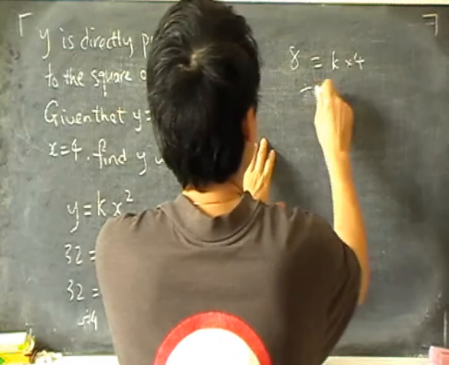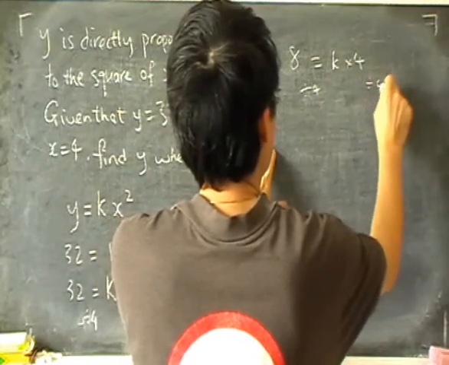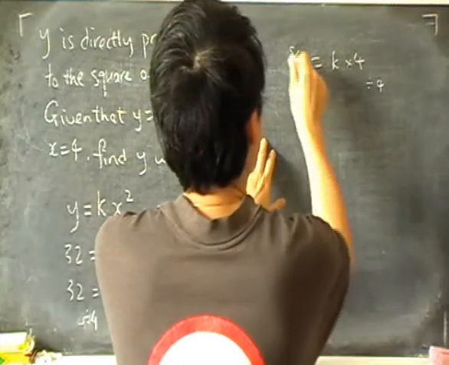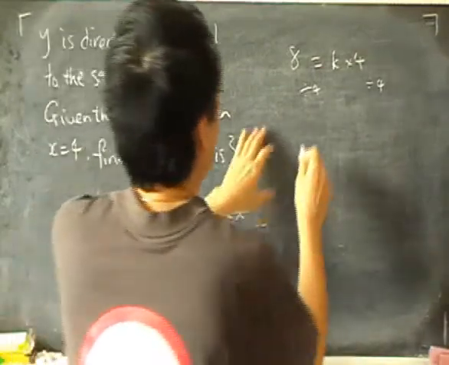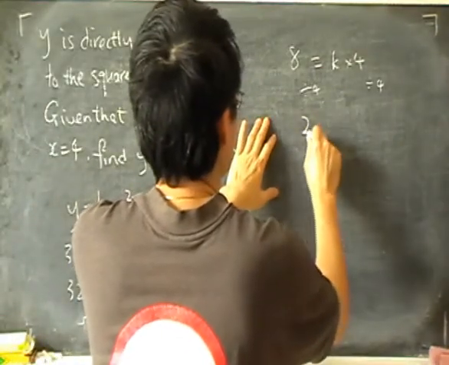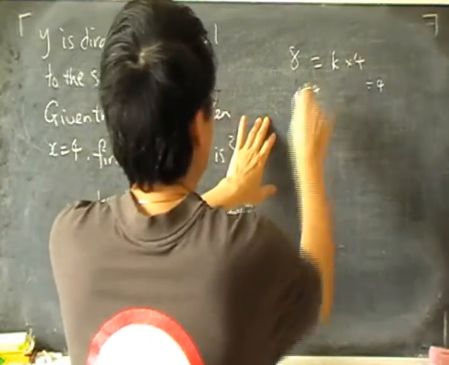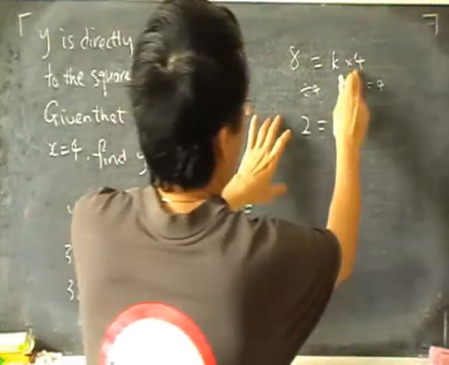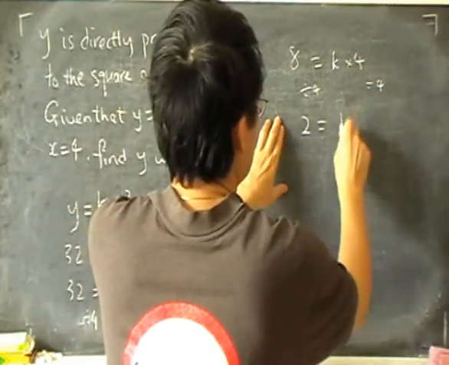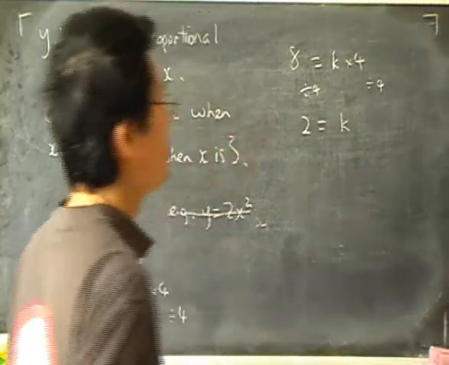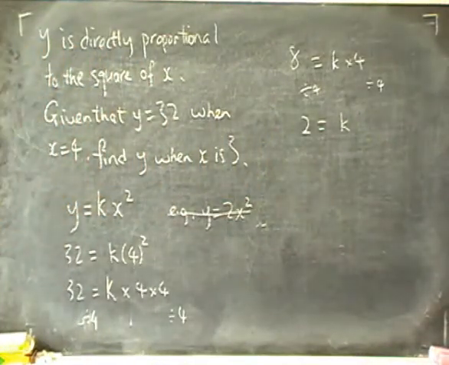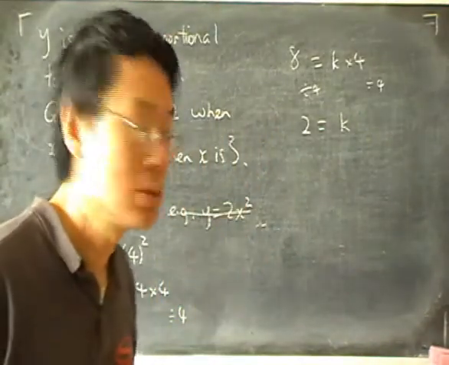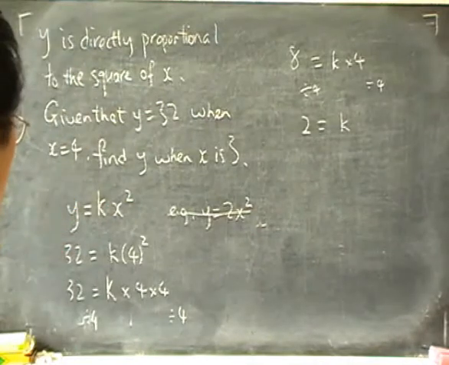If I now divide this by 4, I have on the left side 8 divided by 4 is 2, and then 4 divided by 4 is 1, and I have just k times 1, which is k. And that's the answer. That's k equals 2.